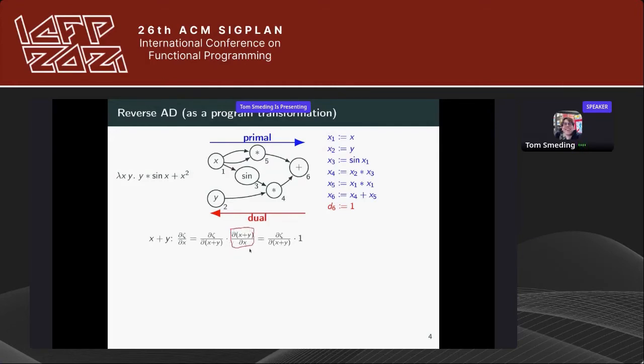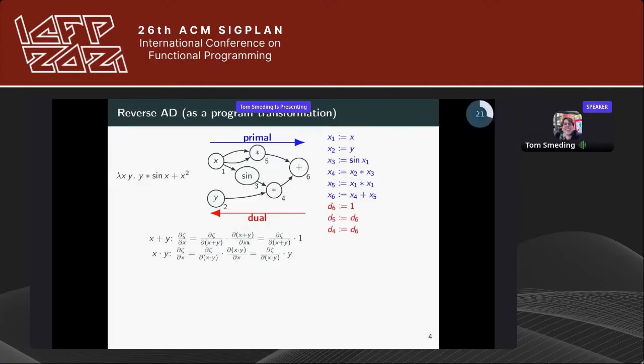So if you want to compute the partial derivative of the argument to an addition operator, you can use the chain rule, which I write down like this: the partial derivative of the end result with respect to some variable x is the partial derivative of the end result with respect to this addition times the partial derivative of this addition with respect to x. Because this thing is 1, it is just equal to the partial derivative of the addition. So we can copy d6 over to d5 and d4.